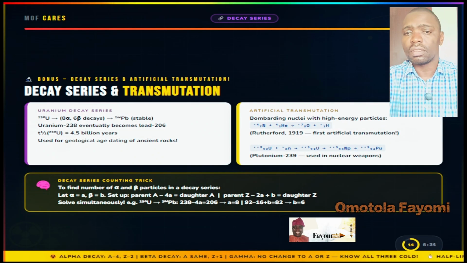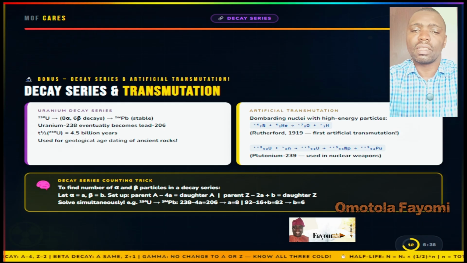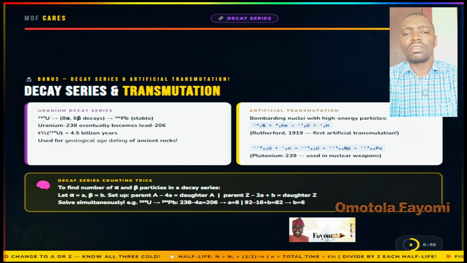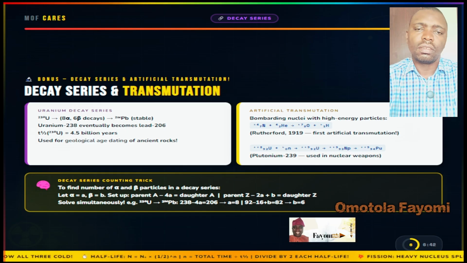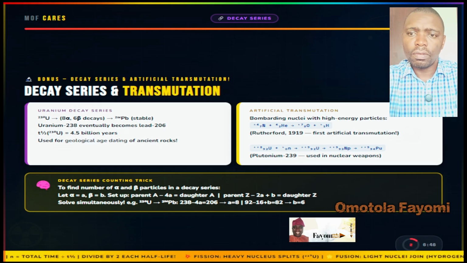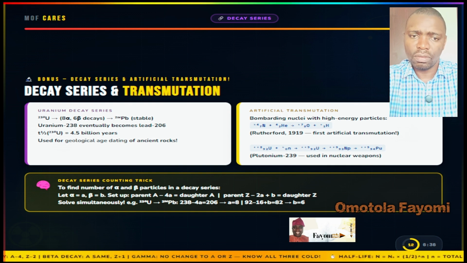The uranium decay series: uranium does not decay directly to a stable product. It undergoes a long series of alpha and beta decays, producing 14 different nuclei along the way before finally reaching stable lead-206. This series involves 8 alpha decays and 6 beta decays.